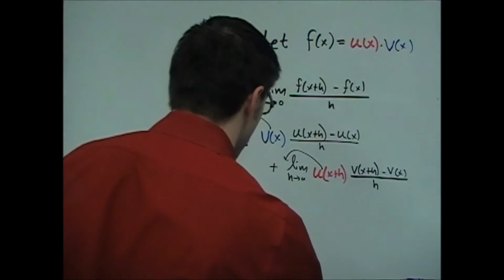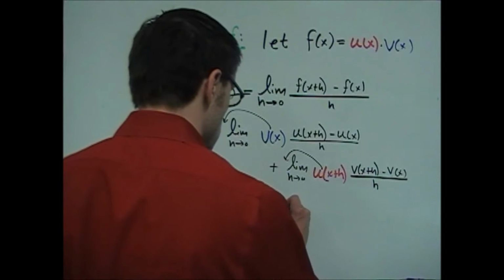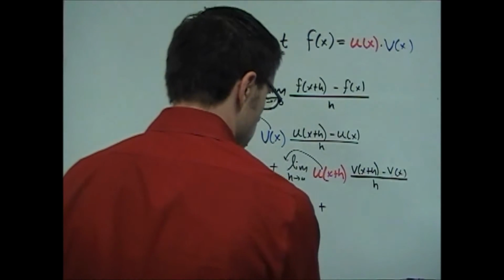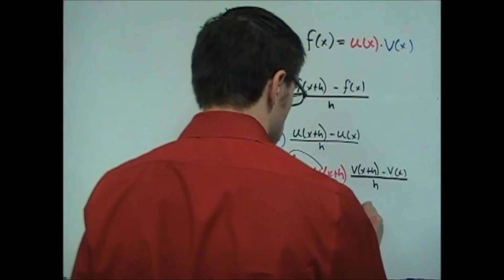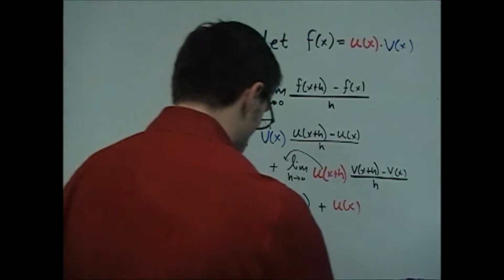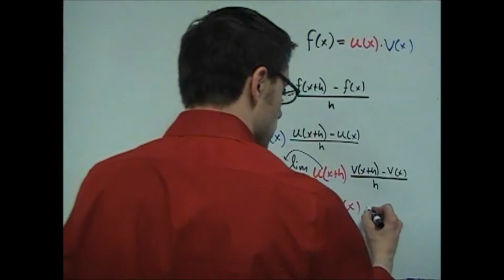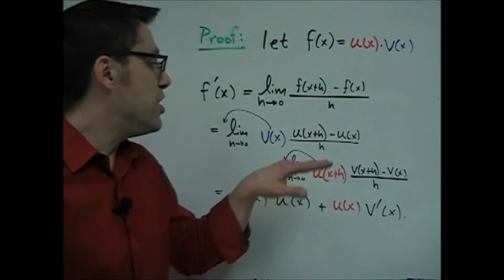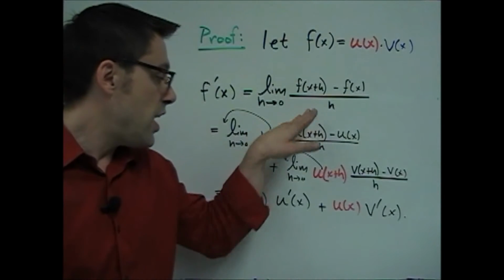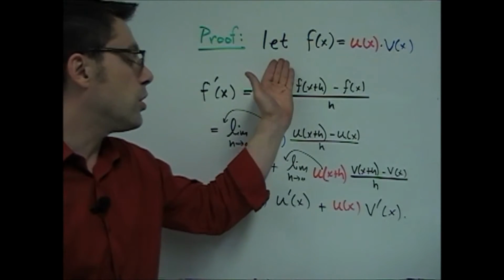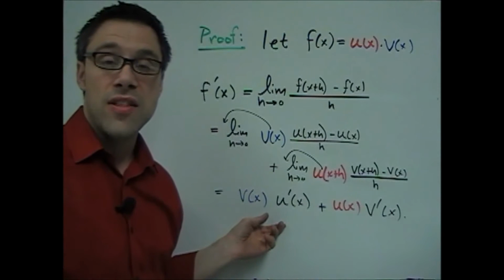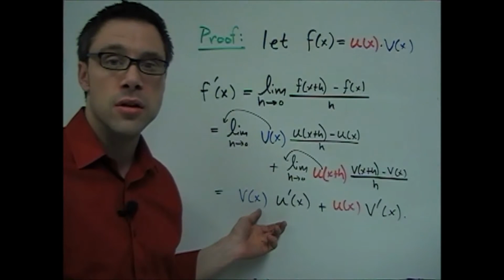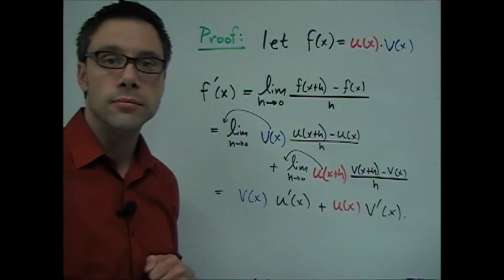So this is, again, v of x multiplied by u prime of x plus, this is going to be just u of x, because again the h goes away there, multiplied by the derivative of v. So this is v prime of x. And so I've just proved to you by using the definition of derivative that in fact the product rule really works. And this works for any function defined as the product of two other functions. Call them u and v.